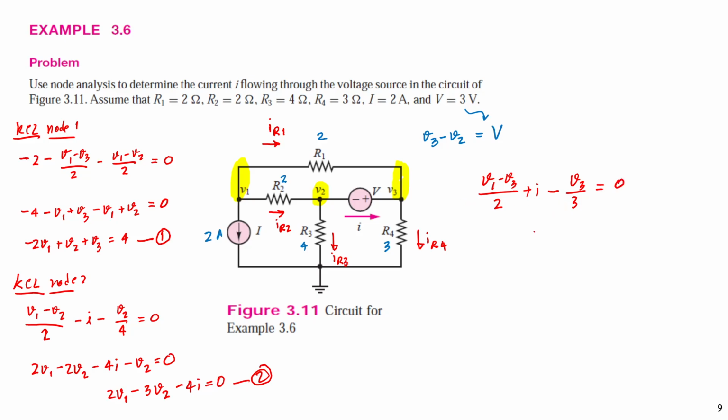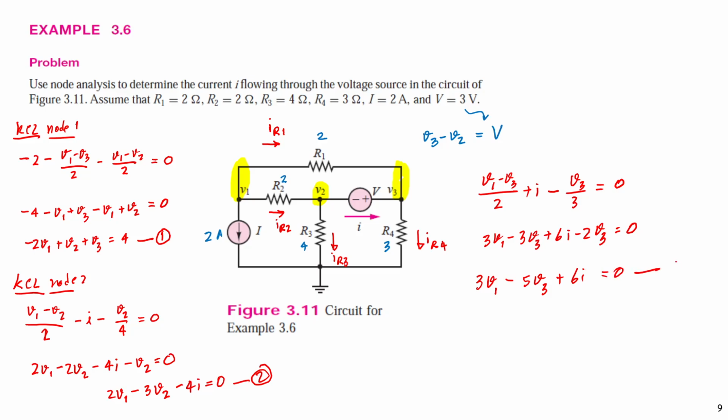So we multiply by 6, right? 3V1 minus 3V3 plus 6I minus 2V3 equal to 0. Then 3V1, this is minus 5V3 plus 6I equal to 0.